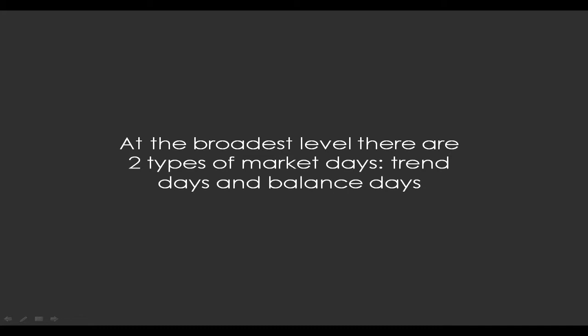But since the markets are so complex and there's pretty much an infinite number of types of days that could unfold, it really helps to have some major categories of the different types of days that could develop, as broad outlines to fit certain types of days into categories.